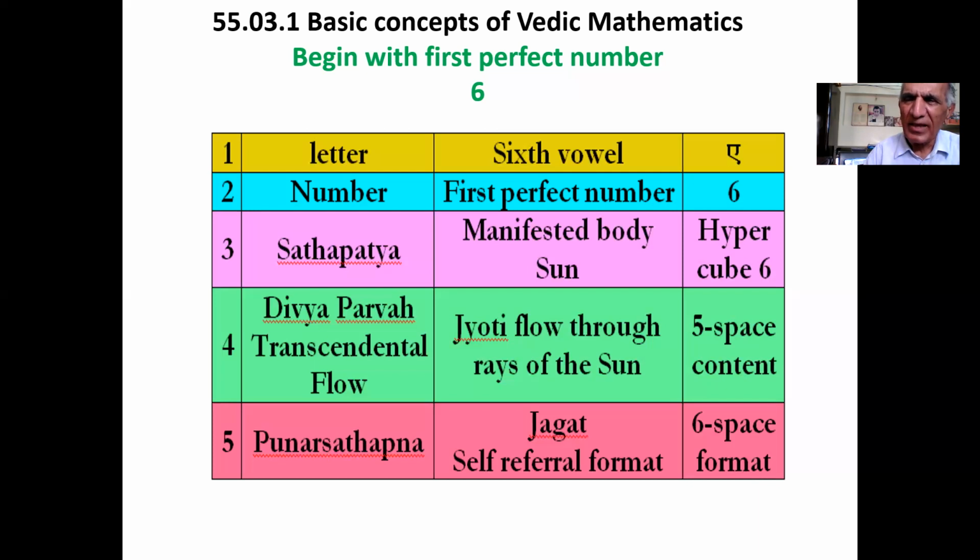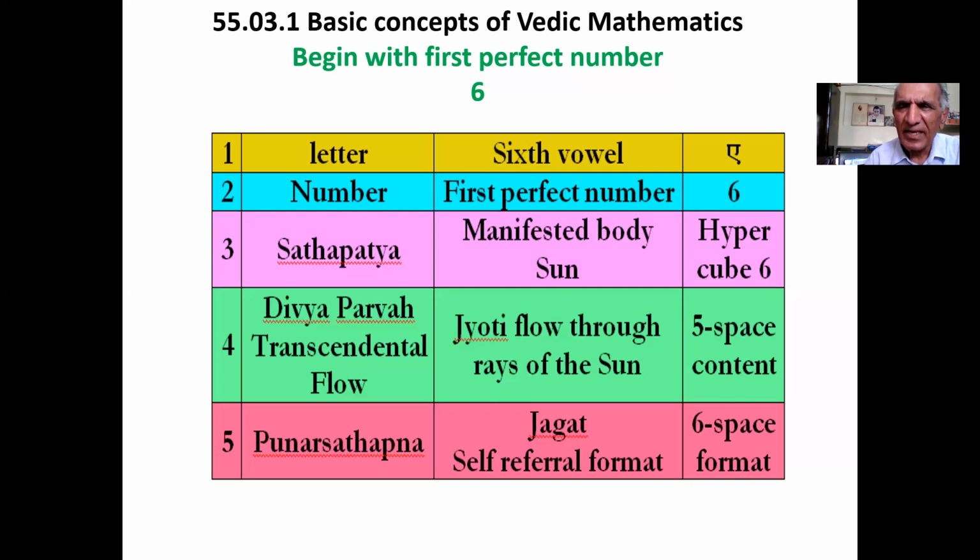Now, when we reach from letter A to number value 6, it means that we are transcending from the uppermost format of Devanagari alphabet as letters alphabet to its next inner fold, the numbers alphabet.